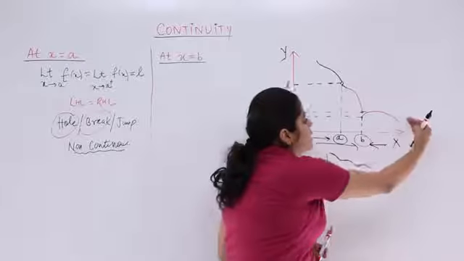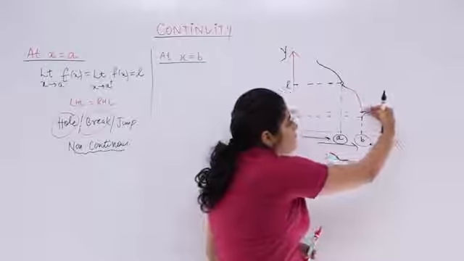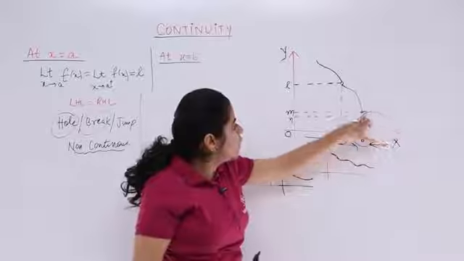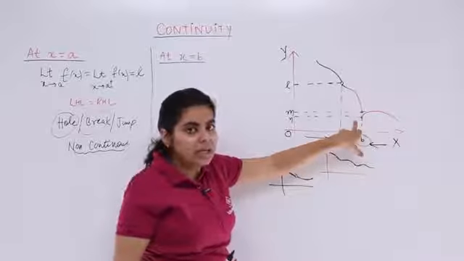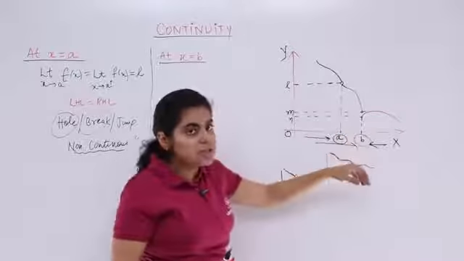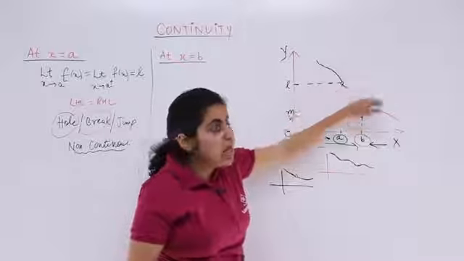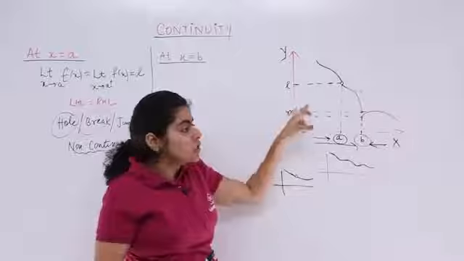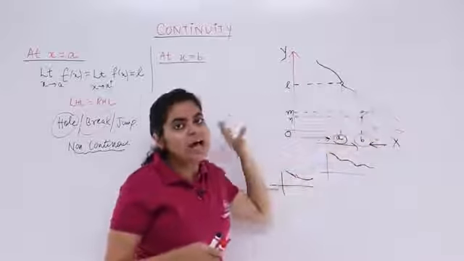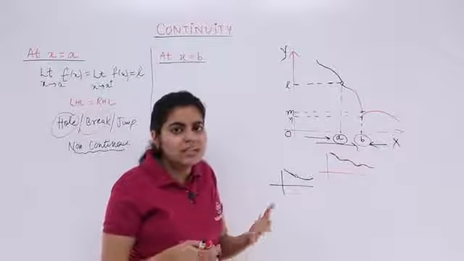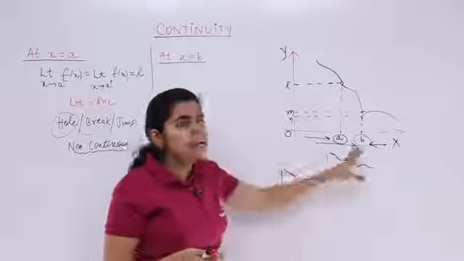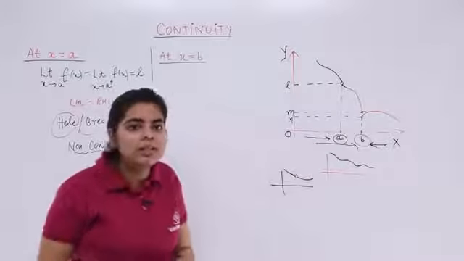Approaching from the right hand side, the curve goes somewhere here and this is N. Approaching from the left hand side, it goes till here and stops at M. So these things are not equal. My left hand limit and right hand limit are not equal in this case.